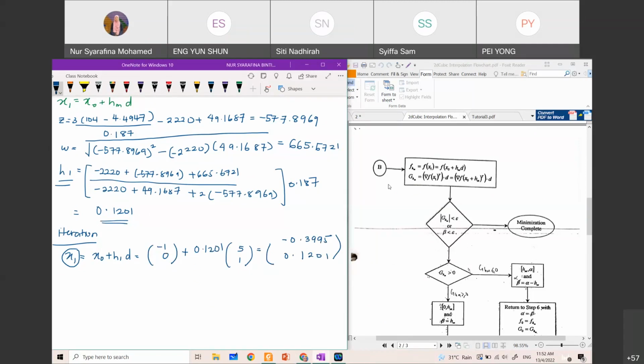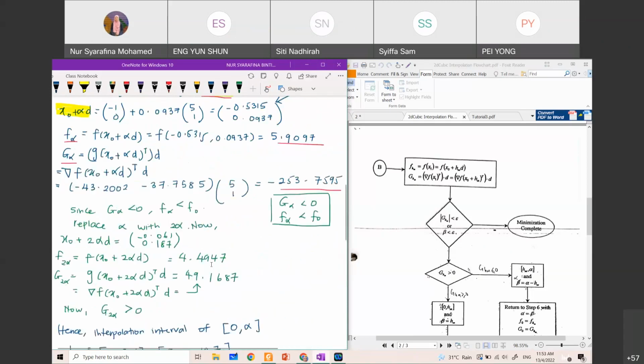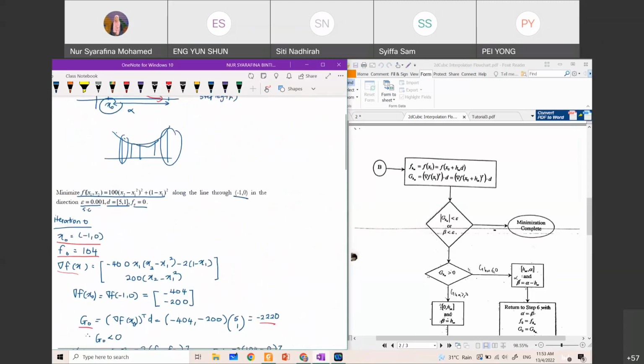Then this is x1. You can have your f h1. This is the point of x1 where it comes from h1. So f h1 is f at 0.3995, 0.1201. Just substitute the value of x1 into the function of x1, x2.